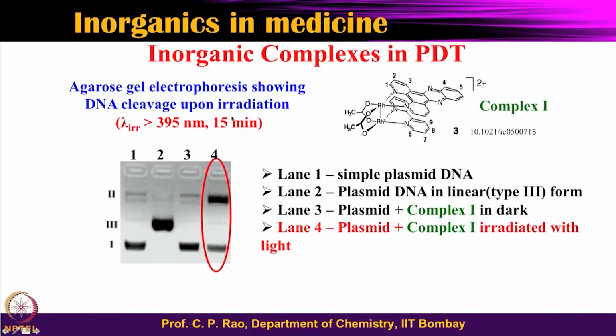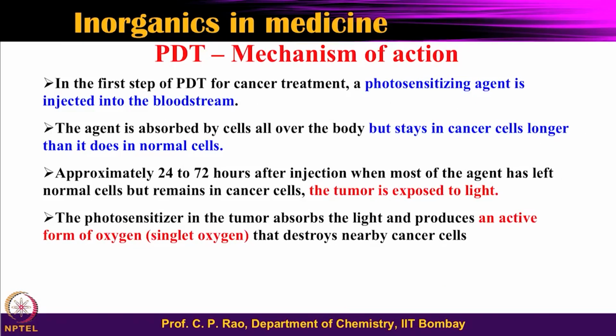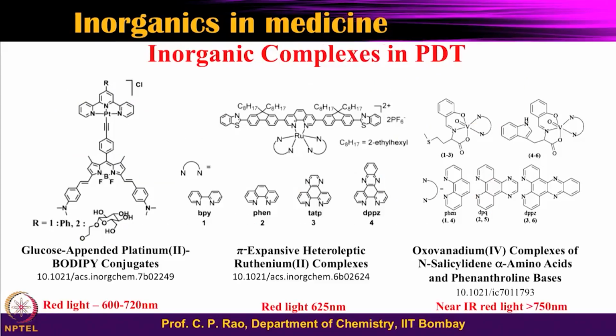Now, let us look at the inorganic complexes. Just look back into this. What I have talked about: the photosensitizer as a compound, and then giving this compound to the organ or to the body or to the skin or to the blood, etc., allowing it to deposit onto the cancer cells, where the drug which is adhered to the remaining regions will come out when you flush with the fluids, whereas the one which is stuck to the cancer cells will not come out.